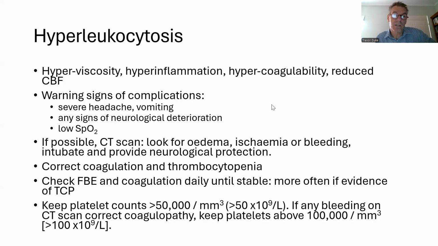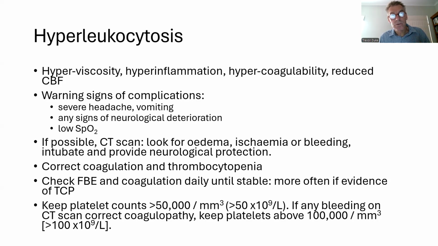The main reason is that when you've got a very high white cell count, especially with the large myeloblasts, then you have hyperviscosity. The blood is thicker because of the very high white cells. The leukemic blast cells also produce lots of cytokines that cause inflammation.